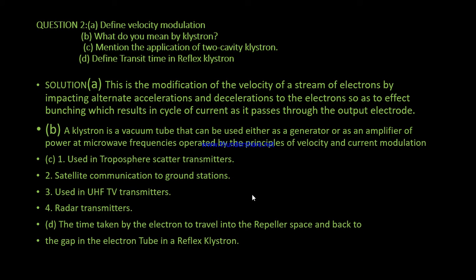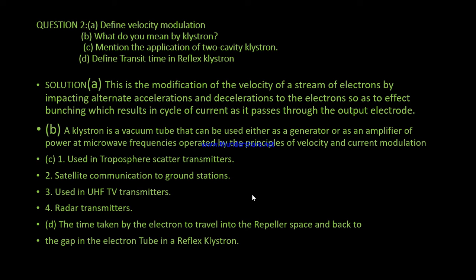So, the D part, asking us to define transit time in reflex klystron. In a reflex klystron there is a repeller space, there is a bunching space, there is a drift space.